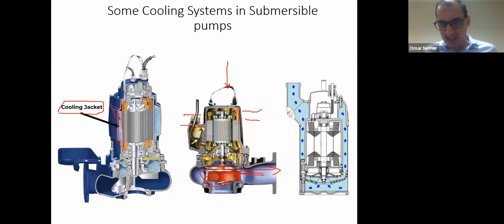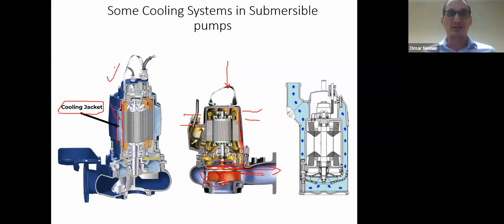Because you can see here the thickness of the outer housing of the motor becomes thicker from the bottom. This also helps the heat go down here, and the water which is pumped touches that surface, so some heat exchange will happen, and this helps to cool the motor.